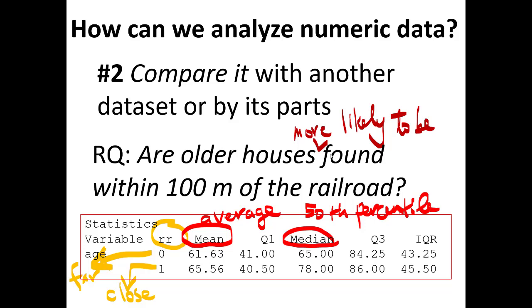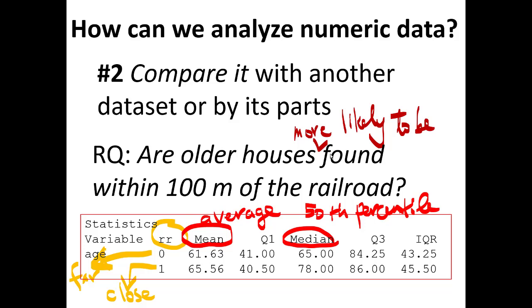And then if we look at the median, we see that the median age, the 50th percentile, is 65 years for houses that are over 100 meters away, right? They're far away. Whereas for houses that are within 100 meters, the median is 78 years of age.